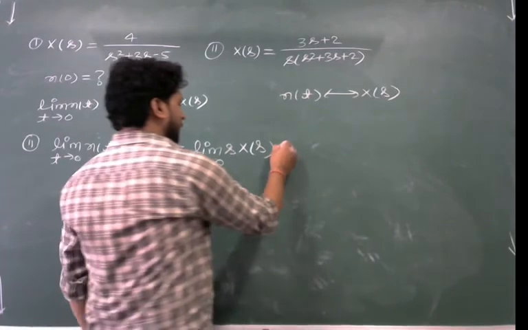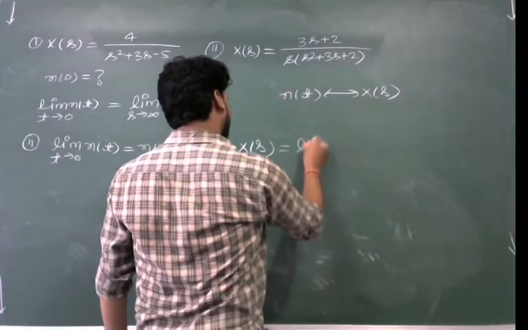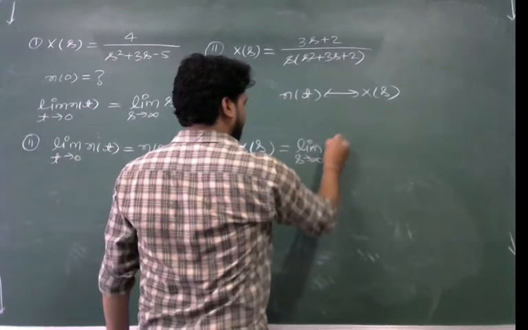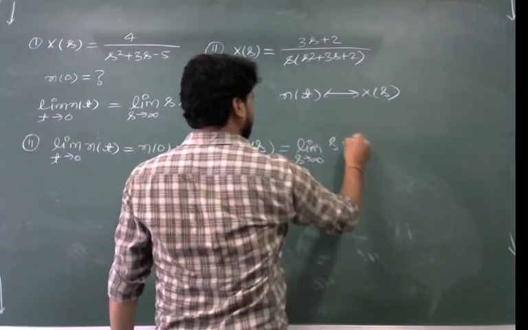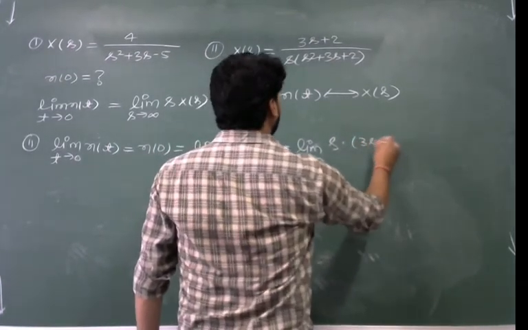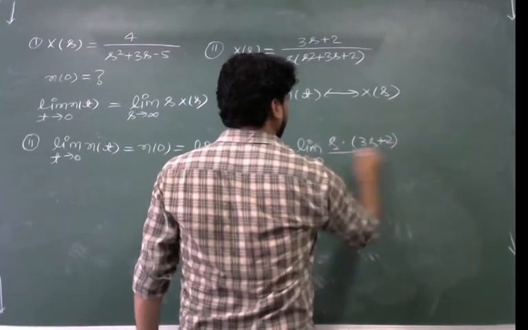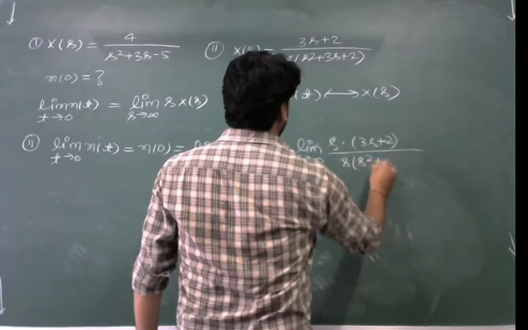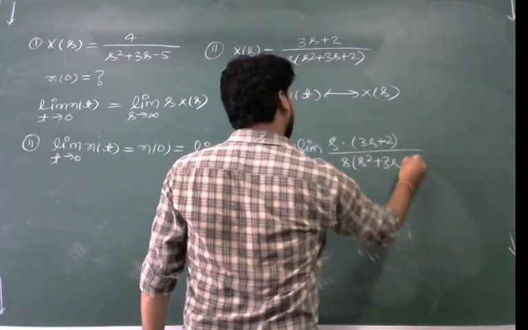So the value of s into X(s) here is s into (3s plus 2) divided by s into s square plus 3s plus 2.